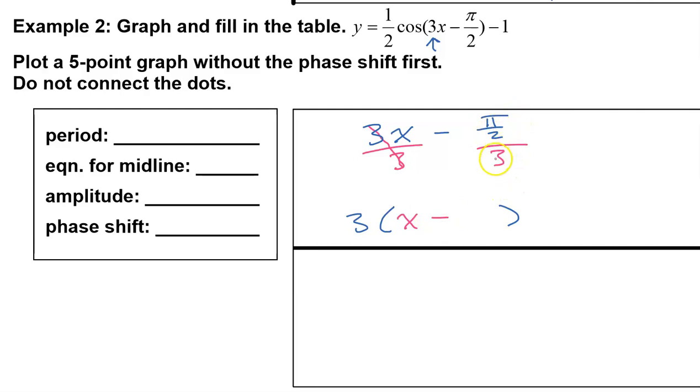So what's pi/2 divided by 3? Remember, when you divide a fraction by a number, just put the number in the denominator. So this will be pi/6. So I'm going to rewrite this function as y equals 1/2 cosine.